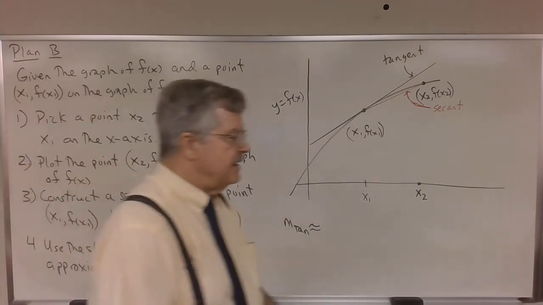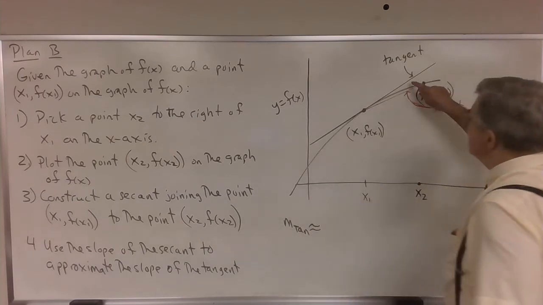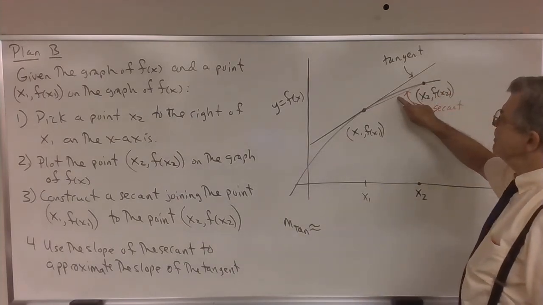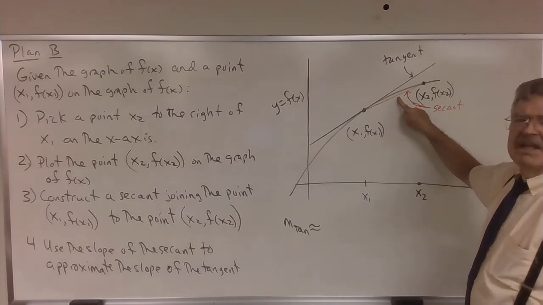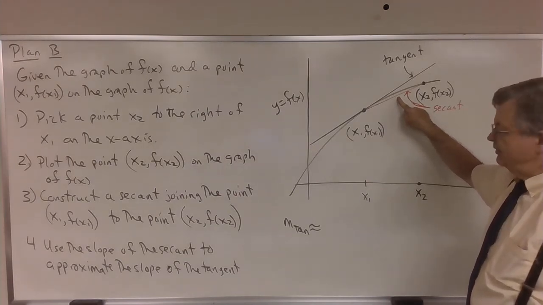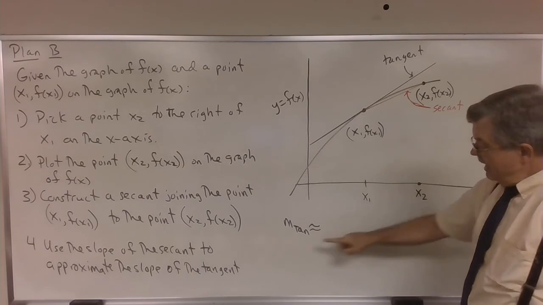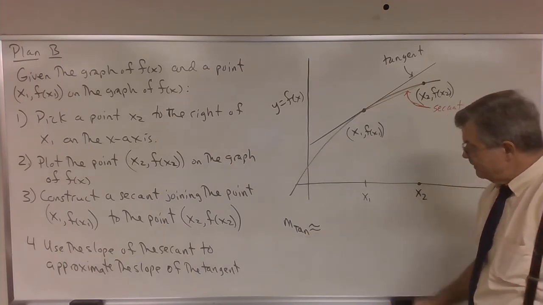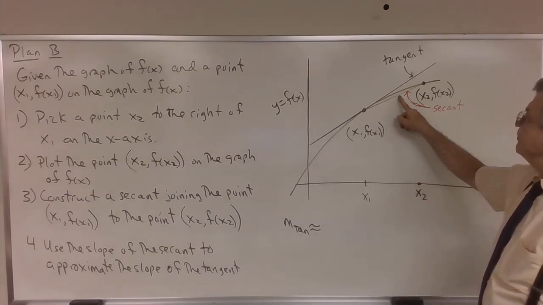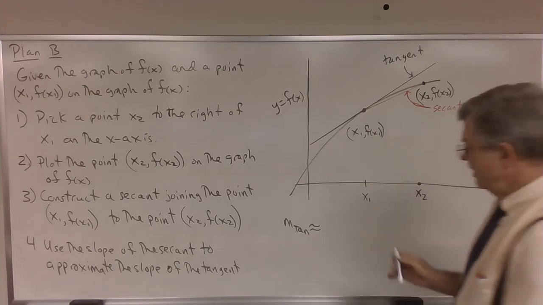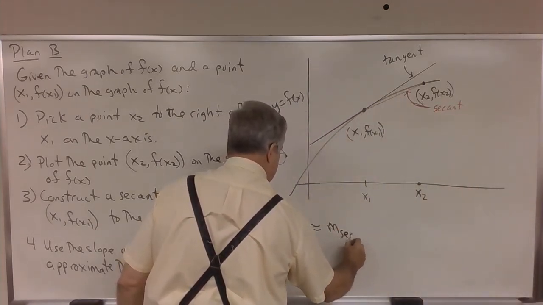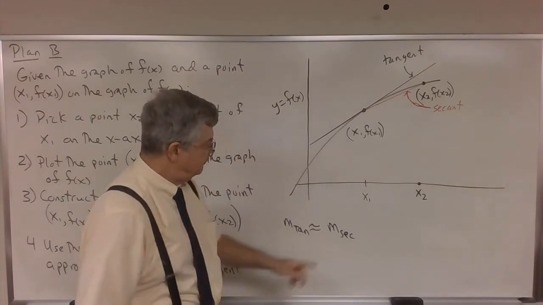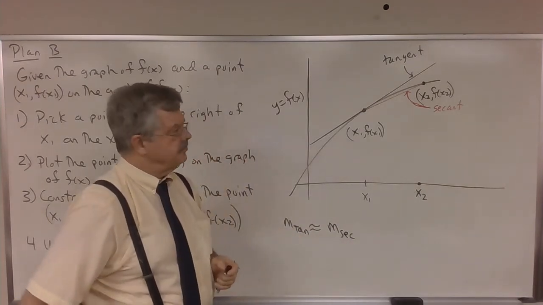And it's my hunch that the slope of this tangent line is going to be approximately the same as the slope of the secant. Not the same, but maybe close. So I'm going to approximate the slope of the tangent with the slope of the secant. So I'll write m again for slope, sec, slope of the secant.